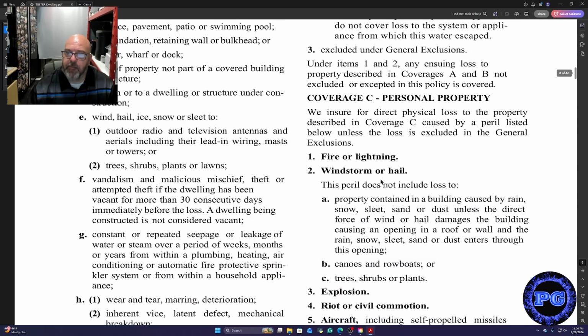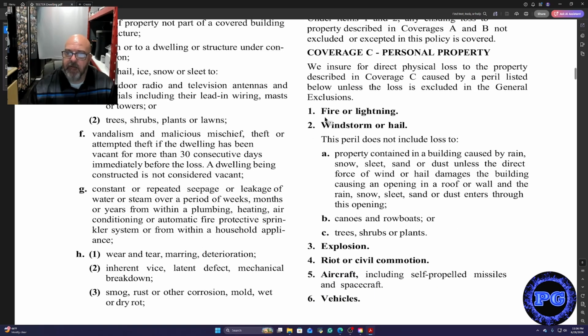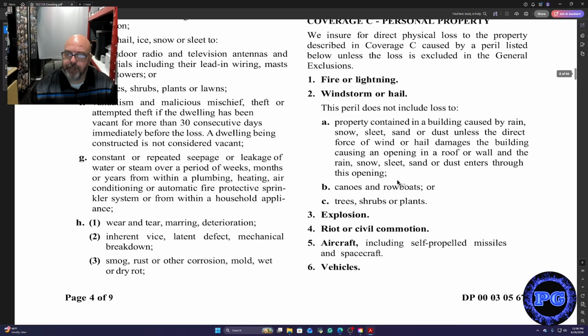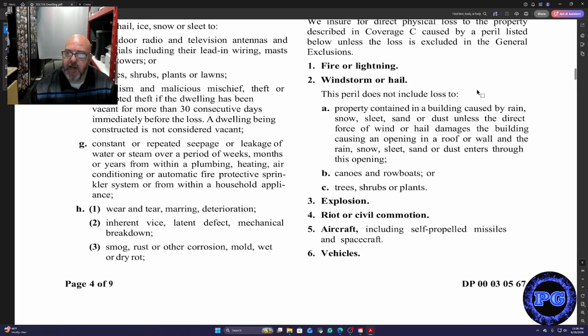And then you got your personal property. And these are the ones you're usually looking for when you're looking at the named perils. Fire, windstorm, or hail. This peril does not include loss to property in a building caused by rain, unless the direct force of the wind or hail damages the building, causing an opening in the roof or wall, and the rain, snow, sleet enters through that opening.